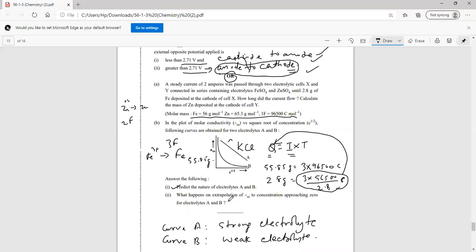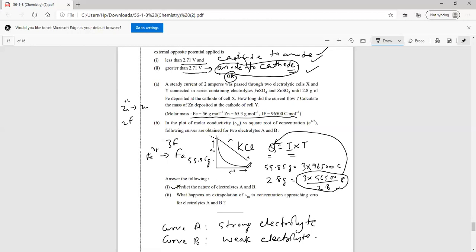Next is, what happens on extrapolation of lambda m approaching 0 for electrolytes A and B. Now for A, if we extrapolate it, then we find that at 0 concentration, that means when no ionization has taken place, at that time no molar conductivity is there.